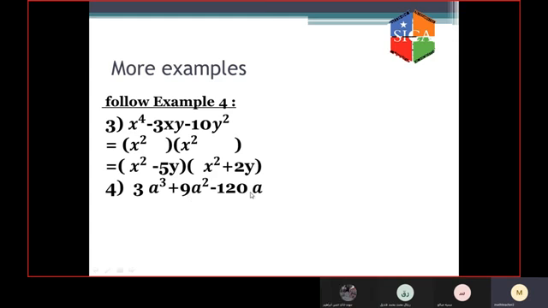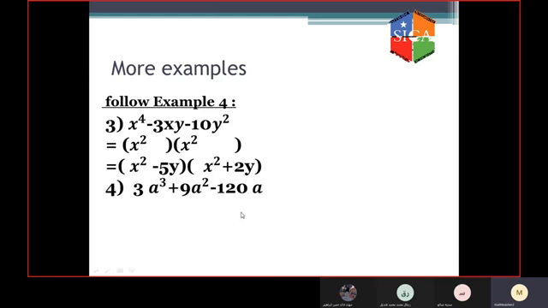And we take a as a common factor because all the terms contain a, but we take the one with the lowest power, which is 1.